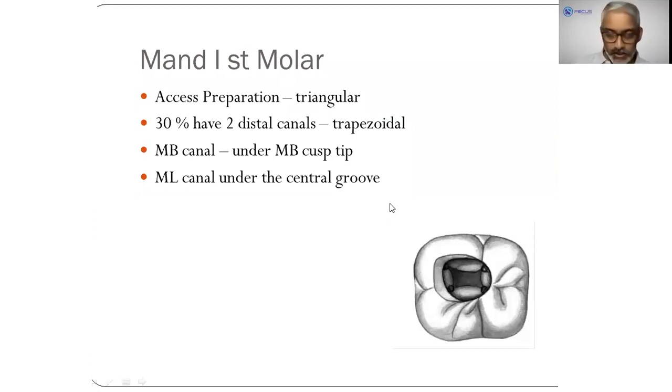And one more thing, in the case of a mandibular molar and even the maxillary molar, the mesiobuccal canal will be positioned directly under the mesiobuccal cusp tip. Mesiolingual canal will be directly under the central groove. So your axis preparation will be more buccally placed in the case of a mandibular first molar.